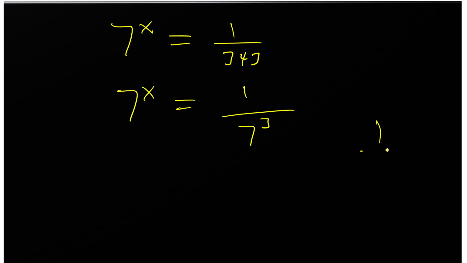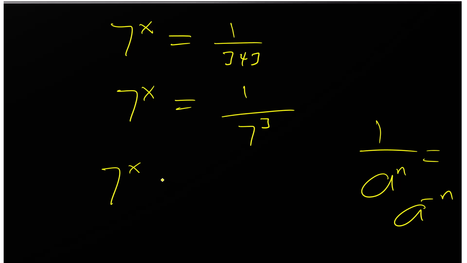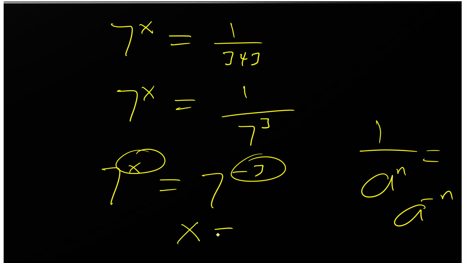So 1 on a to the power n is the same as a to the power minus n. So this one will be 7 to the power x equals to 7 to the power minus 3. Therefore, x equals minus 3. All right.